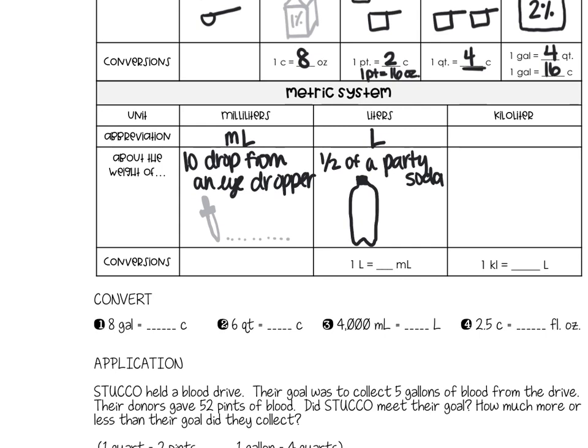Like the tall ones that are a 2 liter. So if it's just 1 liter, it's just half of that. Okay, let me make this a Sprite. Okay, so half of it will be there.